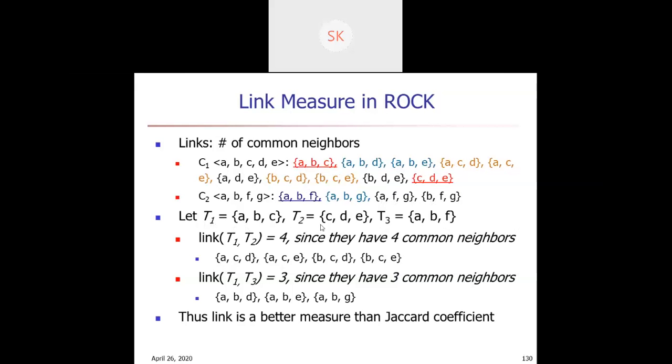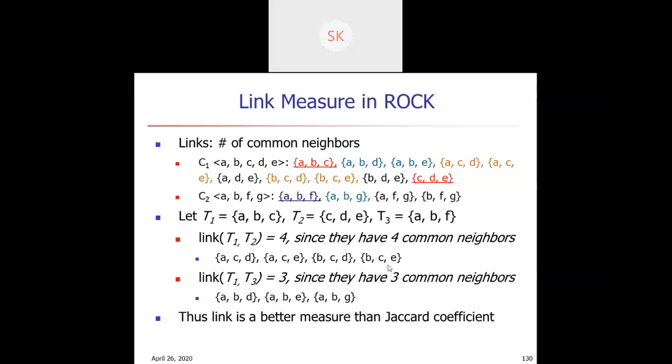T1 is ABC, T2 is CDE, and T3 is ABF from the other cluster C2. Now the link between T1 and T2 is equal to 4 since they have 4 common neighbors, that is ACD, ACE, BCD and BCE.